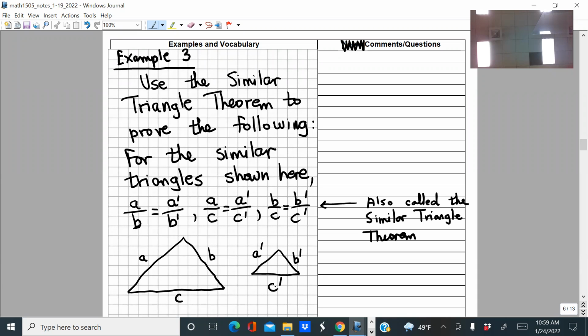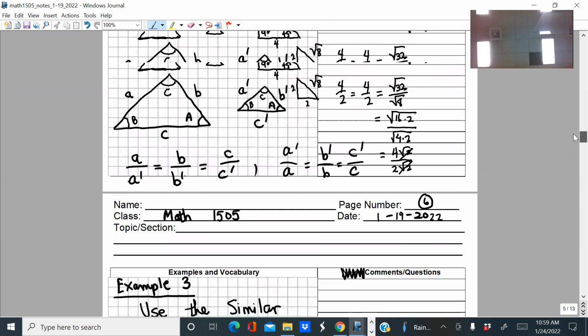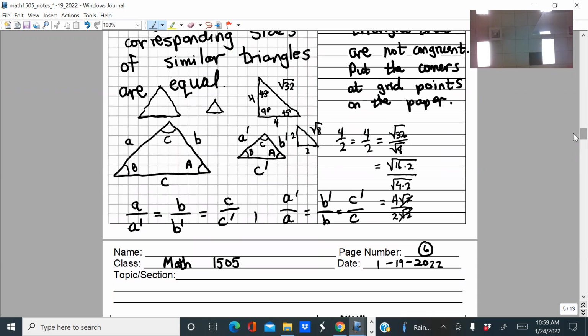All right, let me recapitulate a little bit and remind you of these two versions. If you start with similar triangles, they have the same angle measures, but they don't have to be identical triangles.